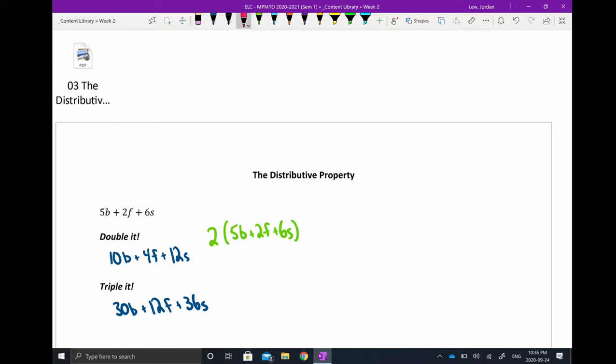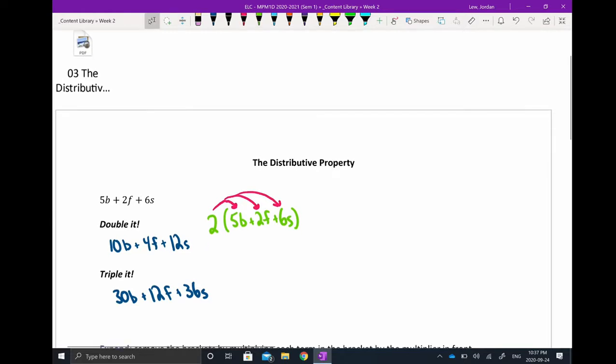Mathematically, what we're doing is we're taking the 2, multiplying it by the first term in our brackets, multiplying it by the second term, and then multiplying it by our third term. Same thing as if we're doing the second part. If we wanted to triple it, we're multiplying it by 3, and then everything that we're multiplying by 3 would go inside the bracket: 10b plus 4f plus 12s.